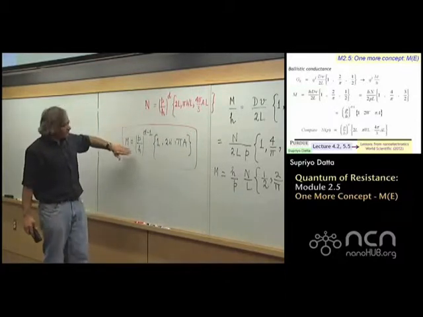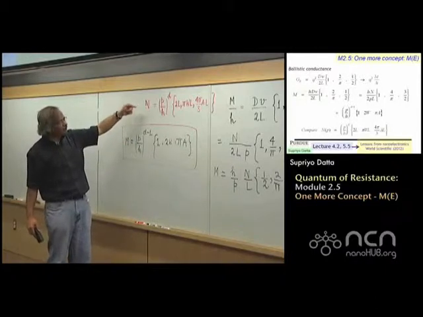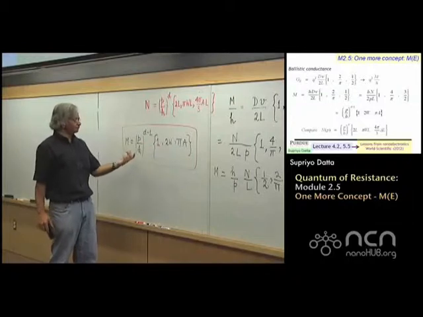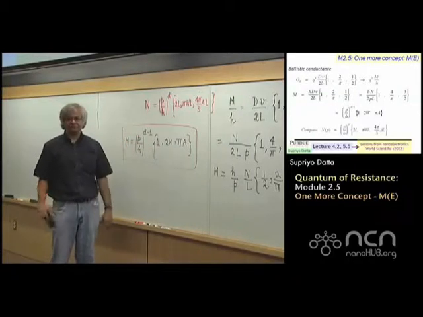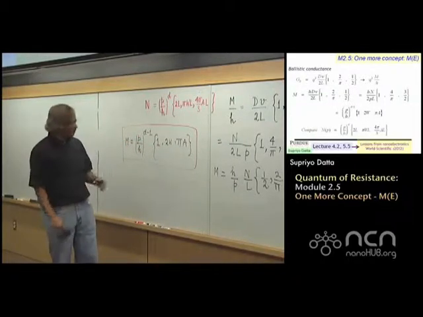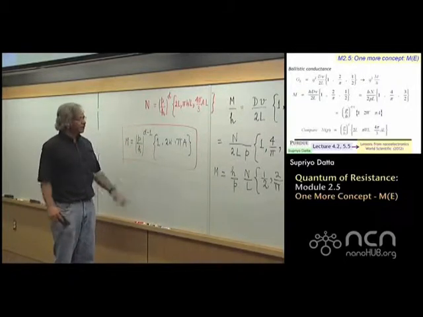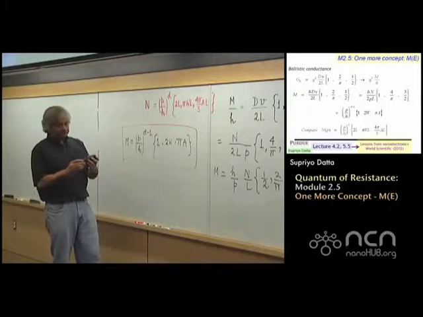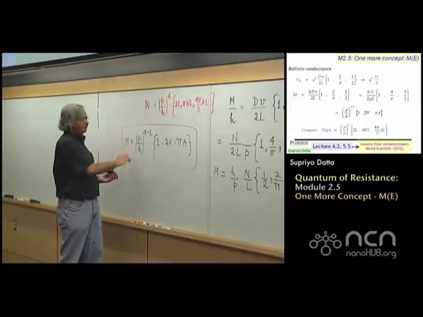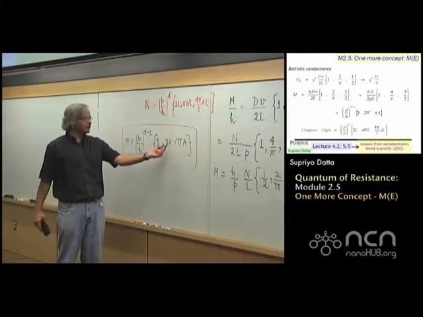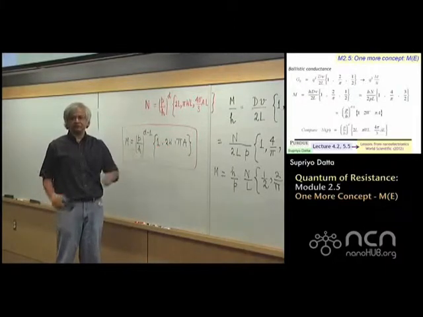Now, if you look at M, it is like one dimension lower. So if it's one dimension, M is just one. When you have a one-dimensional wire, the quantity we have defined as M is just plain 1. When you have a two-dimensional thing, then this quantity M is proportional to the width, and what it tells you is how many wavelengths fit into that width.